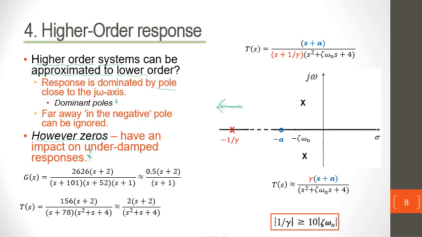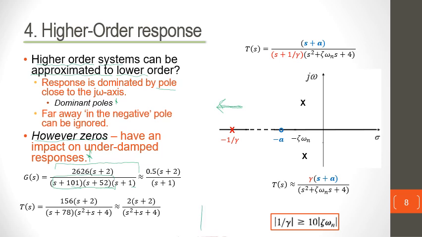So what we are saying here is that if, say for example, you have a transfer function like this with 3 poles, and you notice that this particular pole is located at negative 101, this particular pole is located at negative 52, and then you have a pole which is located at negative 1. Because of these poles, the one at negative 52 and 101, these ones are very, very far away from the imaginary axis when you plot them on the S-plane.